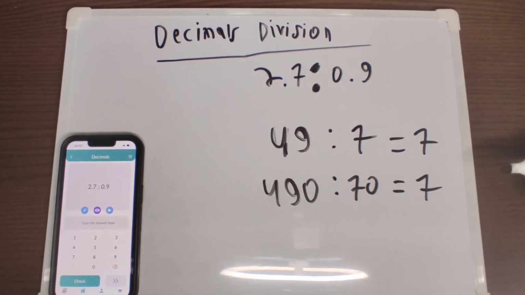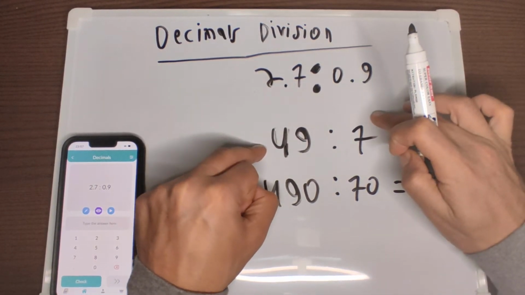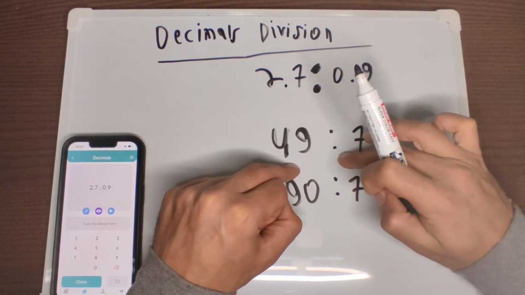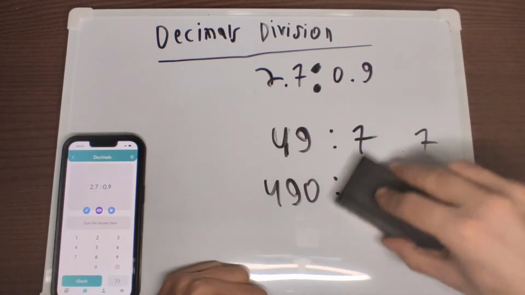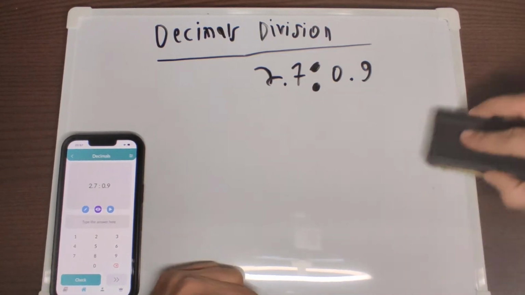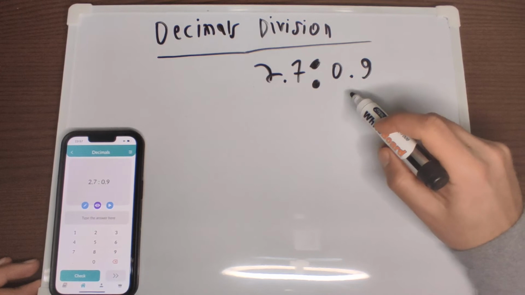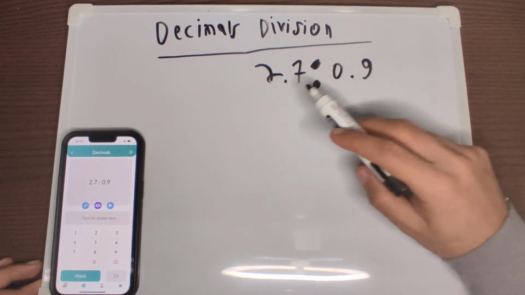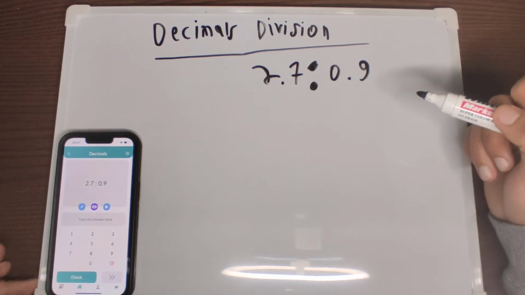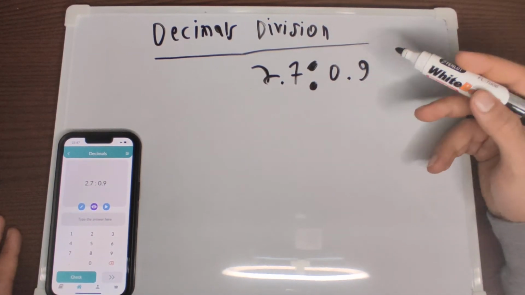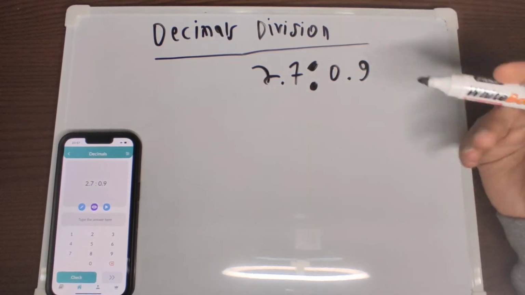So what can I learn from here? That I can multiply both numbers only in division and the result will stay the same. So if someone gives me an exercise with division of decimal numbers, I can tell him, oh dude, I will transform your exercise into one which doesn't have a decimal point.